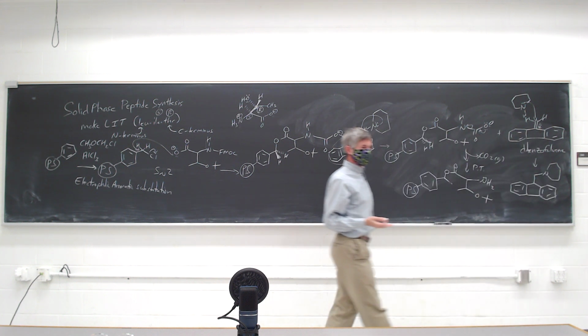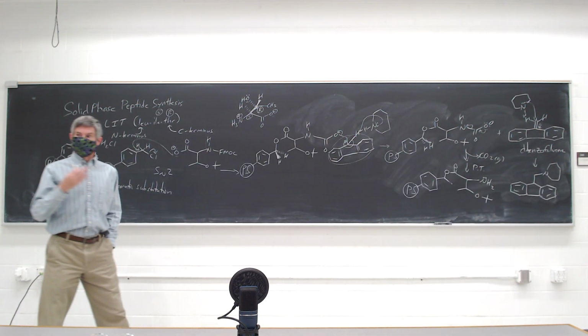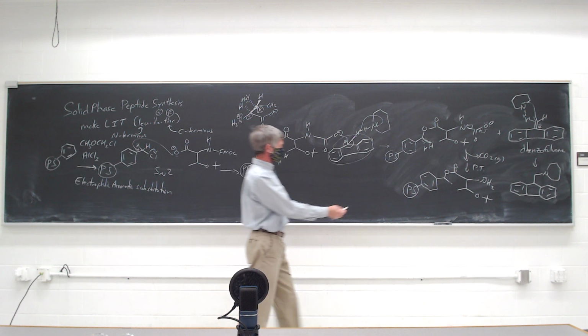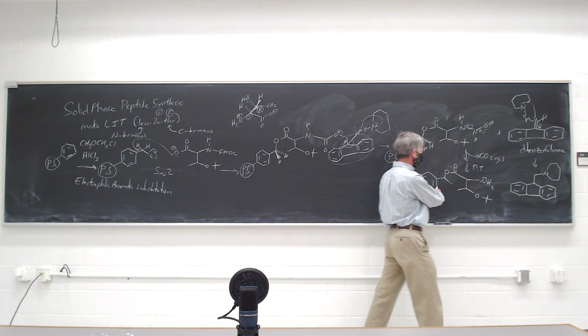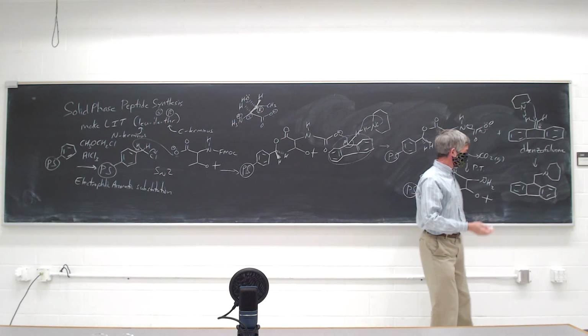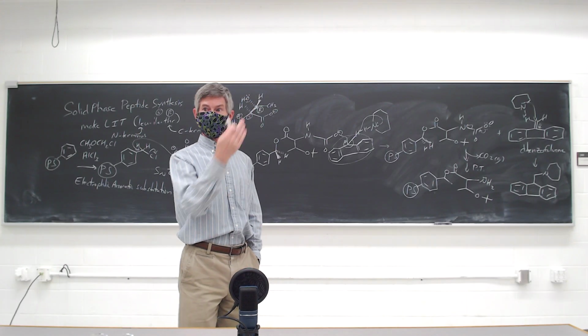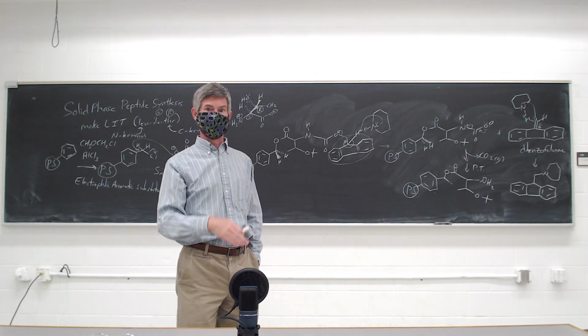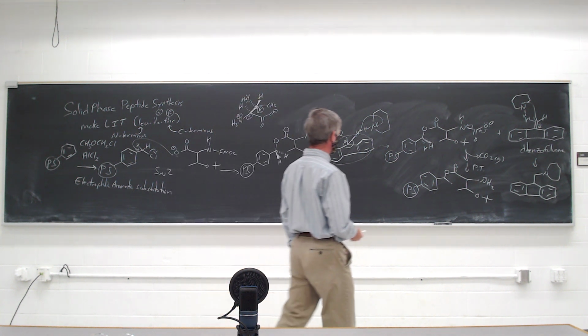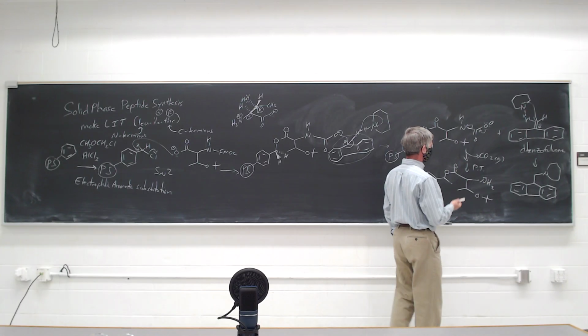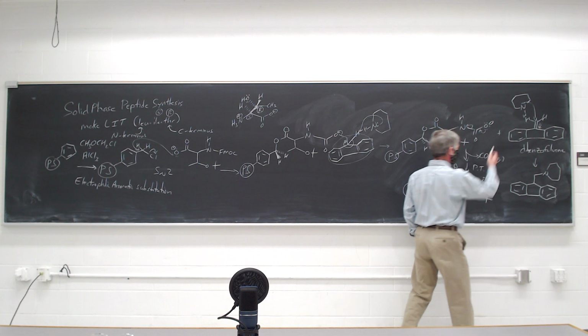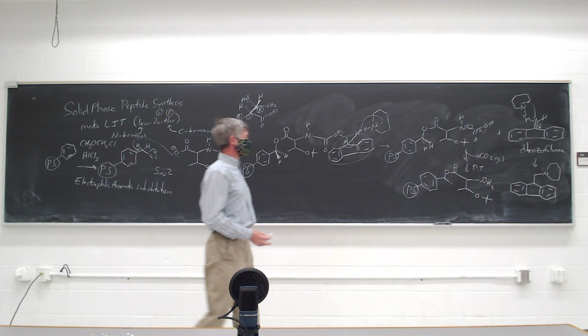But on solid phase synthesis, since this is attached to a bead, you can wash it with a lot of solvent. You basically pour this polystyrene bead into a chromatography column, and then you run your reagents down the chromatography column. All the byproducts are easily washed away. So we can use a significant excess of piperidine. We don't have to worry about these byproducts. They'll be washed away nicely.